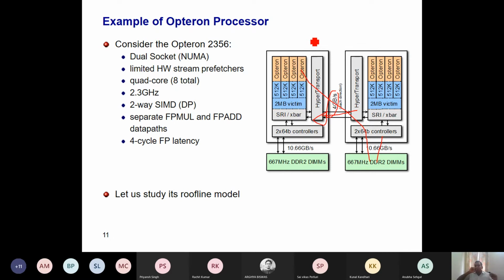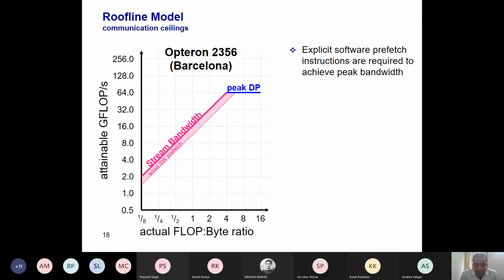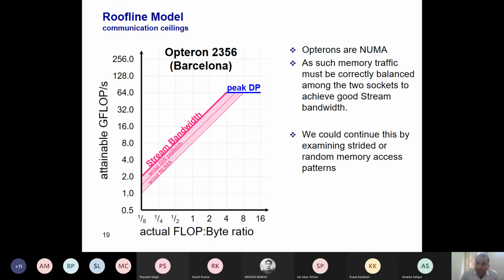That makes things very slow. So if you're not doing prefetching, then bandwidth goes down further. If the memory traffic is not correctly balanced among the 2 sockets, then memory bandwidth will go down further.